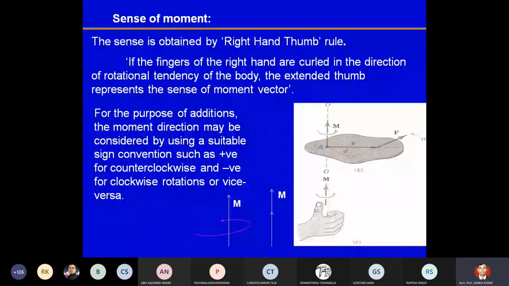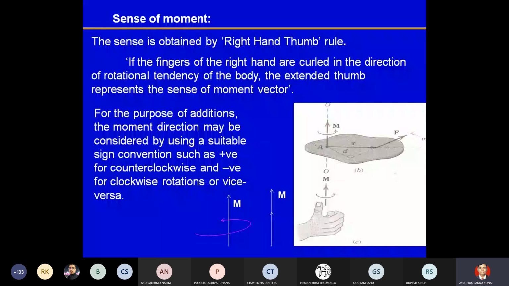if you have a force acting on that, and your four fingers are representing the moment direction, then the way the thumb is pointing is the true sense of moment.